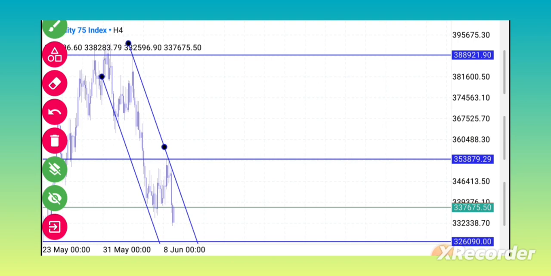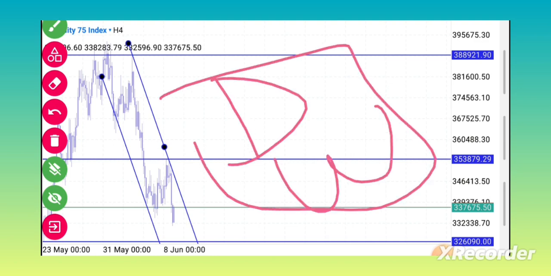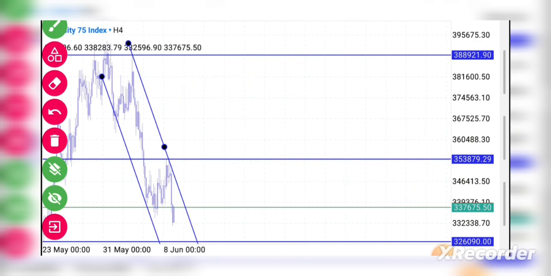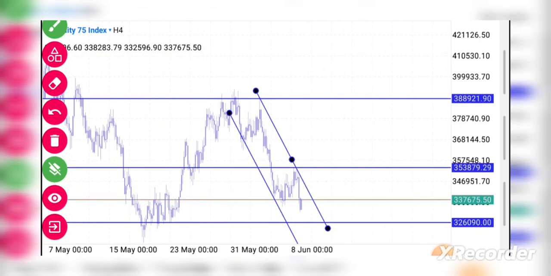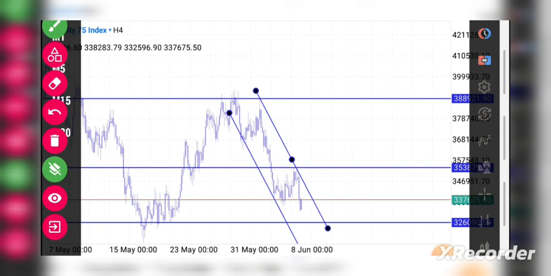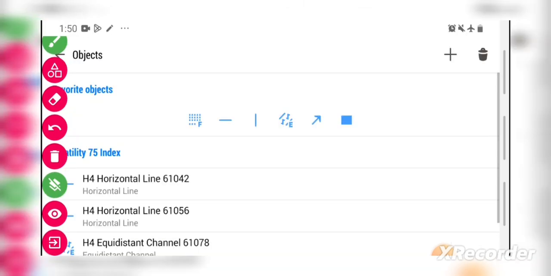Are you getting the point? When we are doing top-down analysis, we always start from the daily and weekly, and then go down. So I'm going to clear the chart right now, and then we start our top-down analysis.